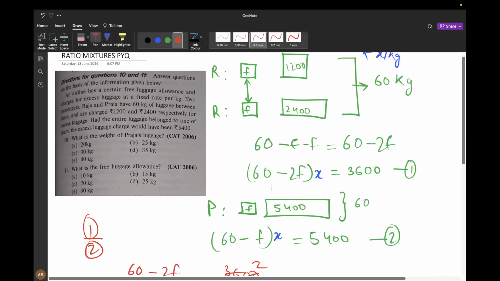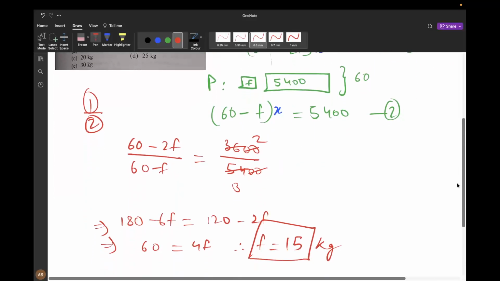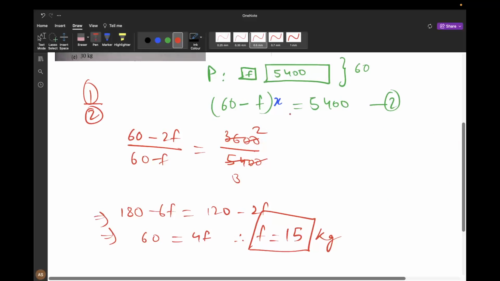I think there's a question on this: what is the free luggage allowance? 15 kg. Easy. Now, in any of the equations, if we put the value of f, we can find the rate x, that is the rate per kg. So let's put it here: 60 minus 15 into x gives us 5400.